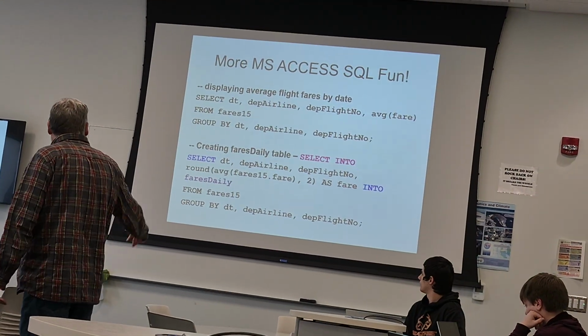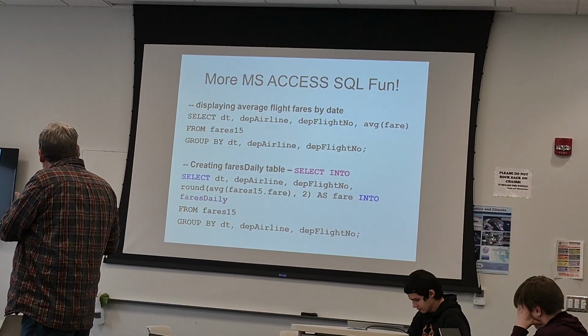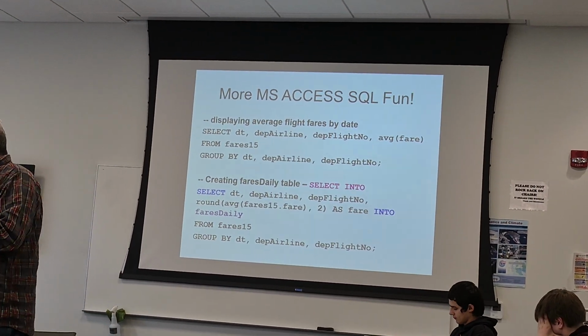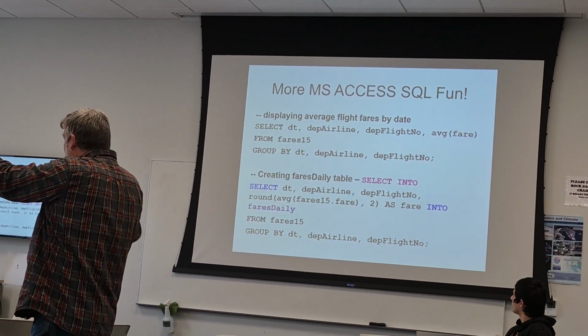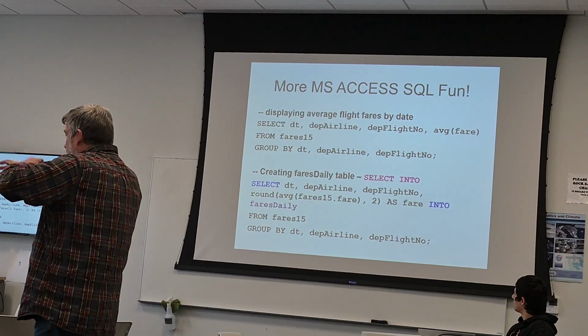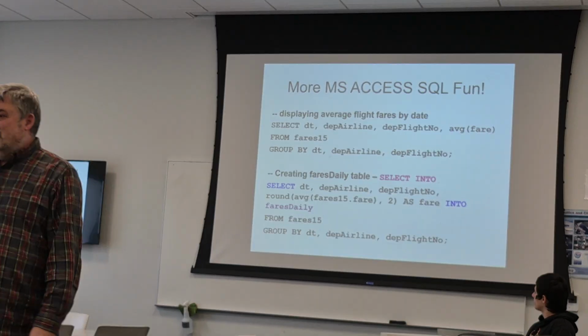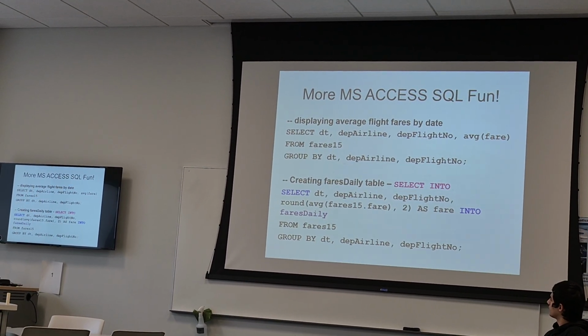In fact, in this case, we're only taking bits and pieces of a single table, fares 15, but we could do fares 15, inner join this, inner join that, join a whole bunch of tables together, and just grab a couple of columns from each and build a hybrid table out of whatever is being returned by that select clause.